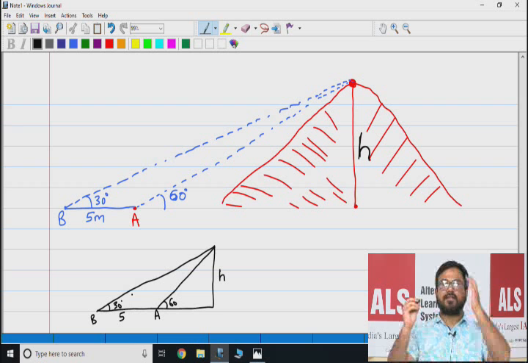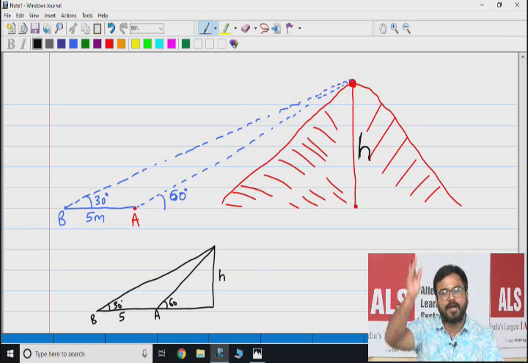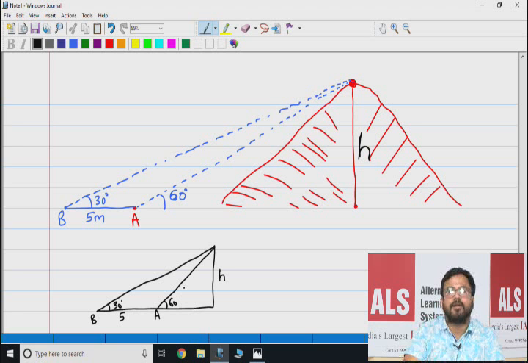So I can convert this complete scenario into this type of triangle, and using only this information I have to find the height of the mountain. Let's say this point is C and this point is D. Let's say the distance AC is X.